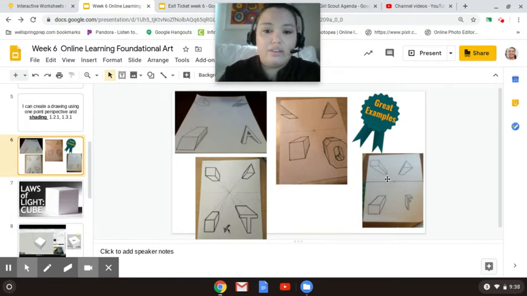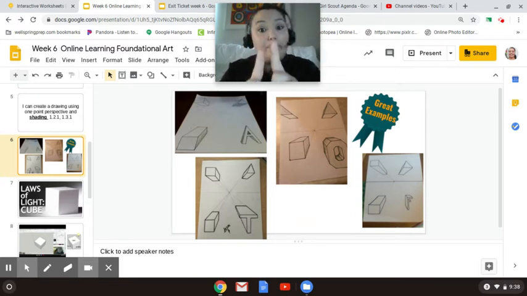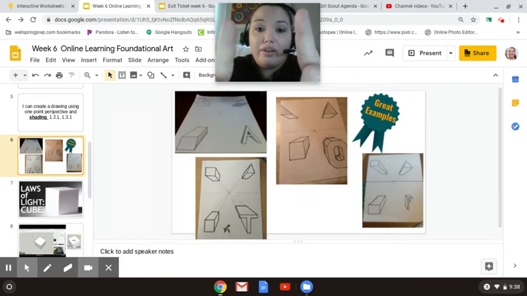One thing that I really liked about Ben's was his second stage, this top one way up here. I loved the fact that he had it going from big to small, because that's the biggest thing that we need to remember in perspective. It's the same finger, but as I pull it away from you, it's getting smaller. In my head, it looks way bigger than my fingers, but I bring them up here and my fingers look way bigger than my head, right?